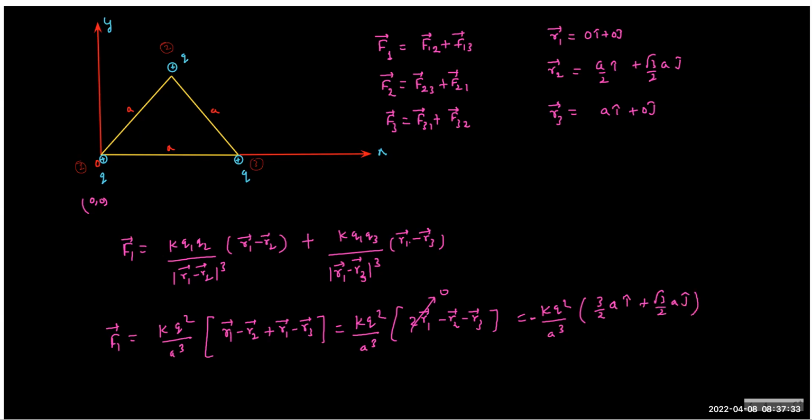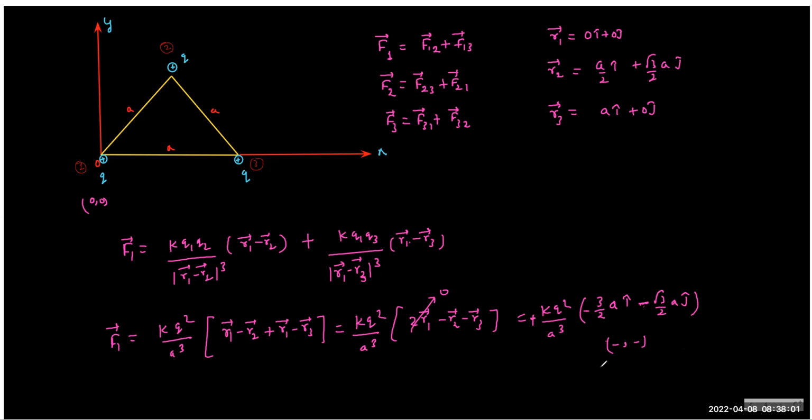Yes, sir. So now this is representing that both terms are negative. The i coefficient is negative and the j coefficient is also negative. So which quadrant? Sir, the third quadrant. Right.